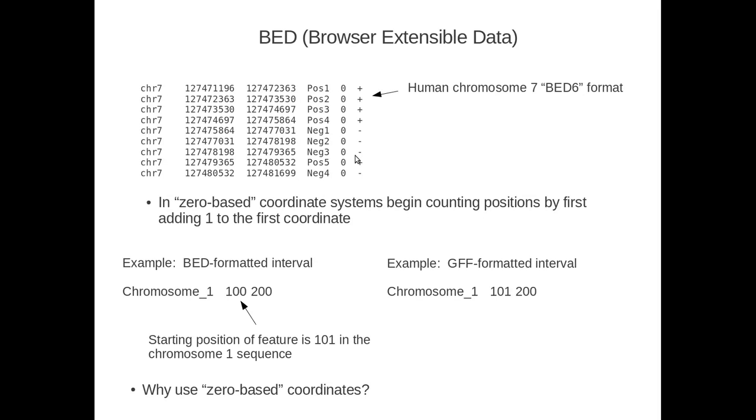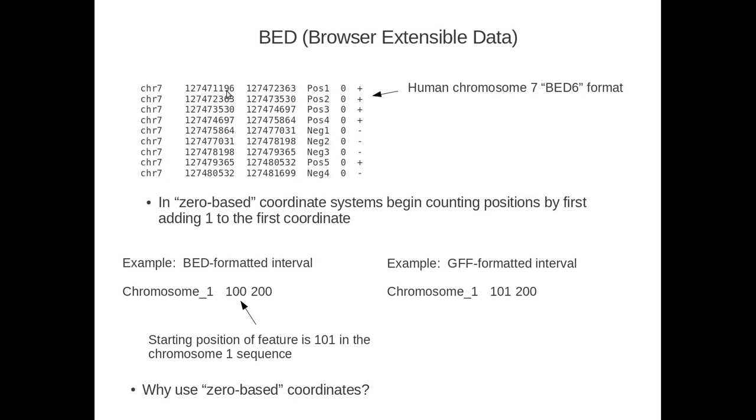But the important thing to know about BED format is that the first coordinate is what we call a zero-based coordinate. So BED is a zero-based coordinate system. So what does that mean? Well, what it means is that this coordinate here does not actually refer to that position. It refers to the position one base pair downstream, or towards the 3' end.